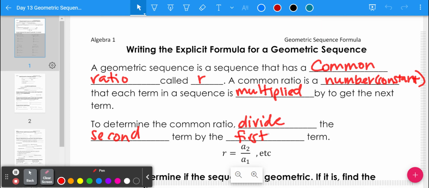We're going to do the same thing here, except we're going to be dividing, because the opposite of multiplying is dividing. So if I have A2, I can divide it by A1, and I can continue this to be A3 divided by A2, and then A4 divided by A3, and so forth, where if I have A sub n, I would divide it by A sub n minus 1, the previous term.